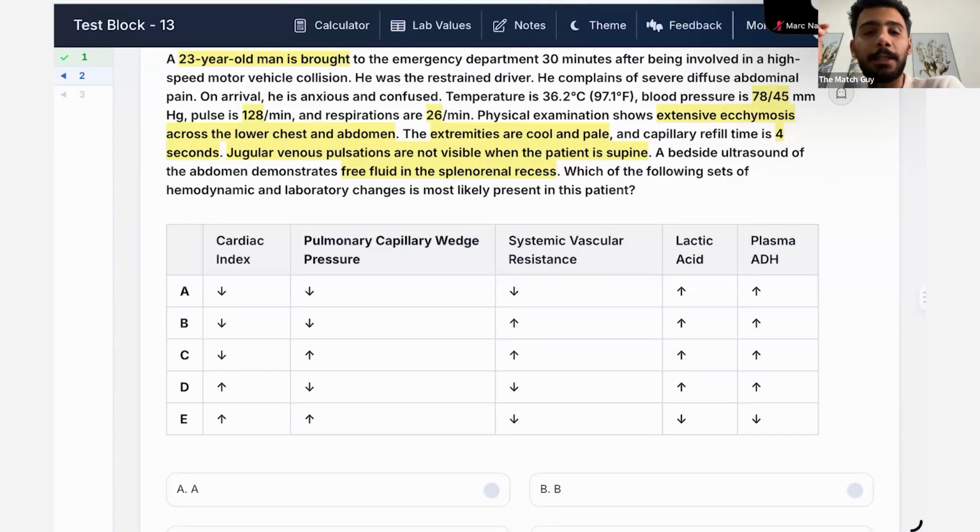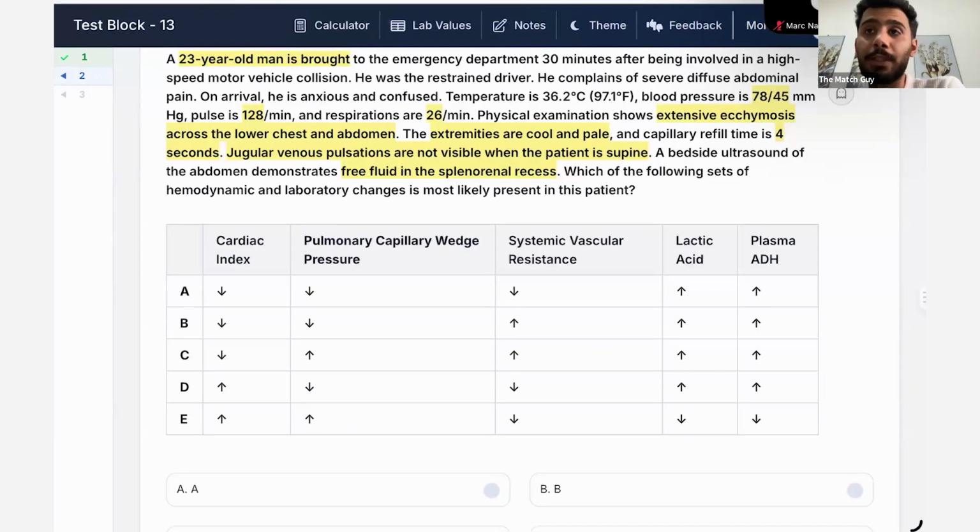This means they're going to switch from the aerobic metabolism, the one that uses oxygen to extract energy through the TCA cycle and then the electron transport chain. Since they do not have enough blood flow, enough oxygen, they're going to switch to anaerobic metabolism, which is going to produce lactic acid from glucose in order to produce some energy. That's why in all cases of shock, lactic acid should be increased.